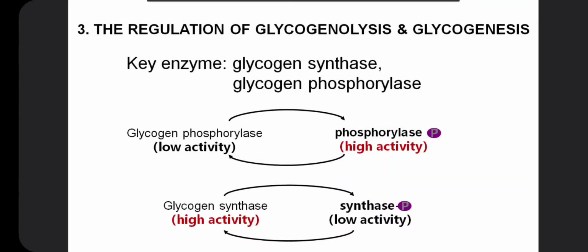These two enzymes can be regulated in opposite directions by allosteric mechanisms and by covalent modification through reversible phosphorylation and dephosphorylation. For example, phosphorylation of glycogen phosphorylase can increase its activity, but phosphorylation of glycogen synthase can reduce its activity, right?